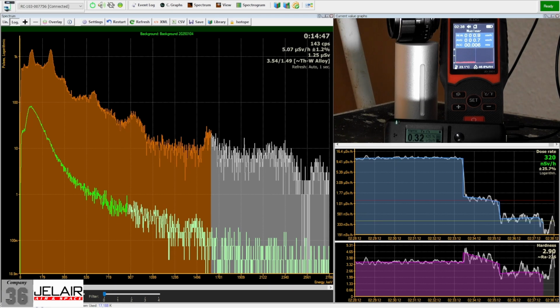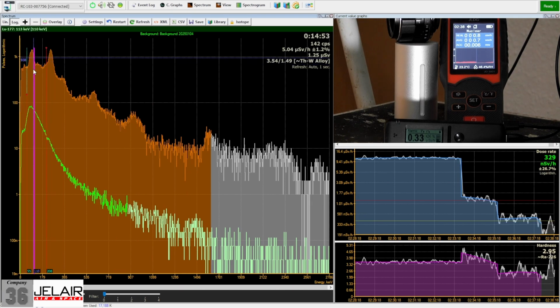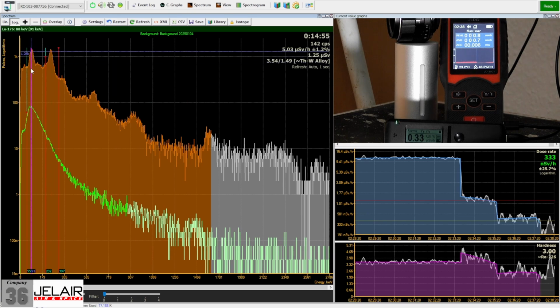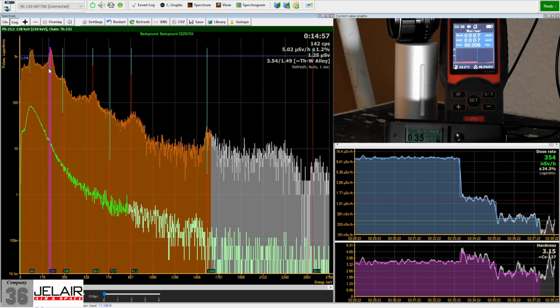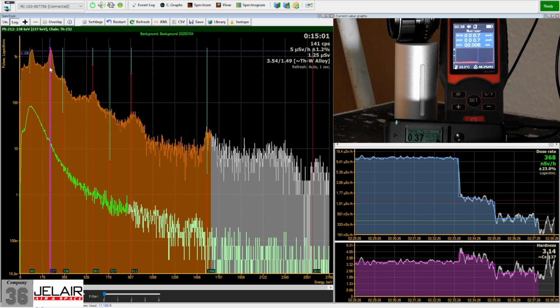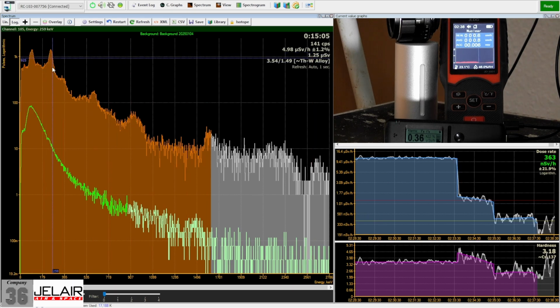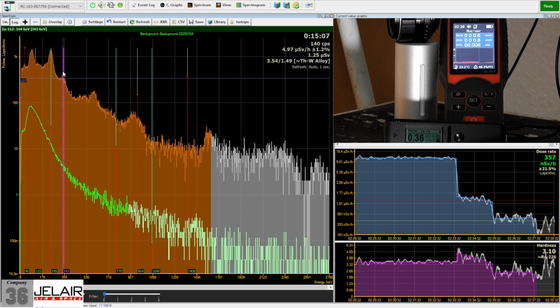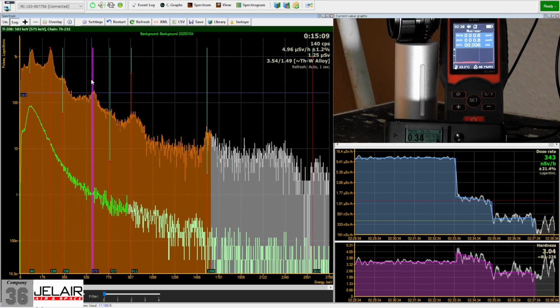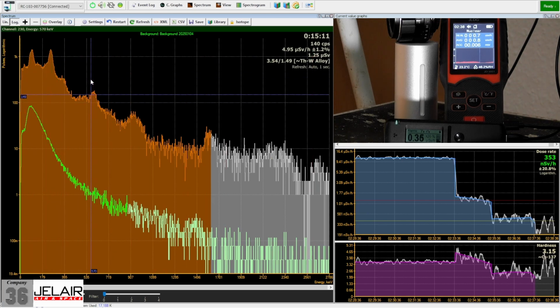The Geiger-Müller tube is very slow compared to the scintillation detector, so it takes several minutes before the Geiger-Müller tube begins to show significant increases in the radiation level, and it doesn't even go as high as the scintillation, so the Radiacode is definitely quicker to detect that radiation is happening.